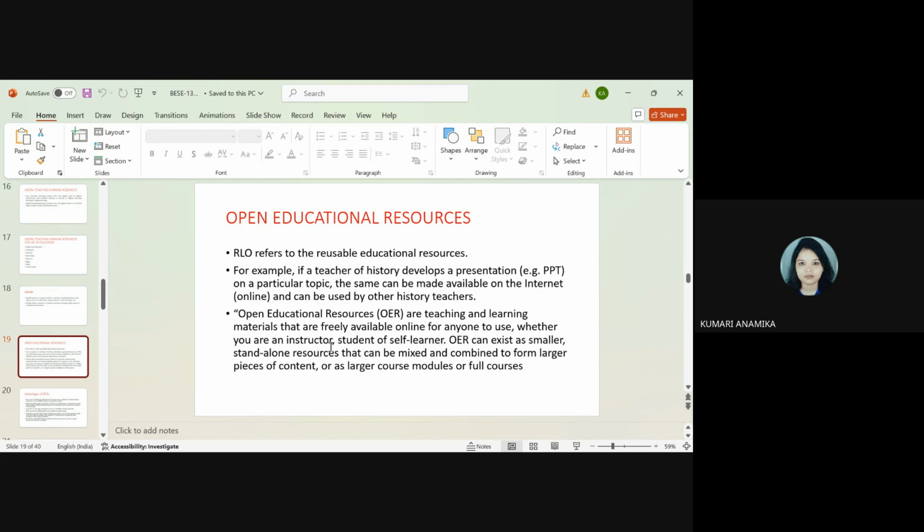These resources are called open educational resources. For example, if a history teacher develops a presentation on a particular topic, the same can be made available on the internet, that is online, and it can be used by other history teachers also.